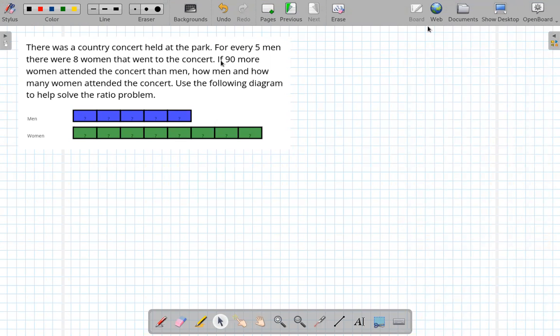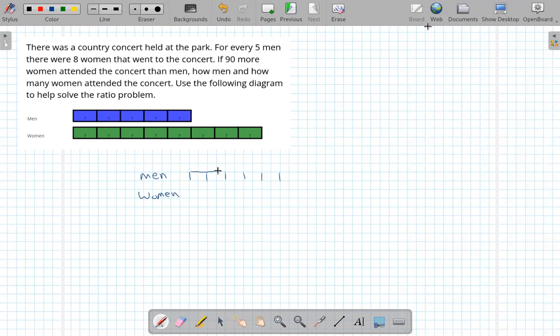Now, what else did they tell me? If 90 more women attended the concert than men. And so here we can see there's more women than men. So I would recommend redrawing this. So I could redraw it down below as men versus women. And I have, let's see, 1, 2, 3, 4, 5.